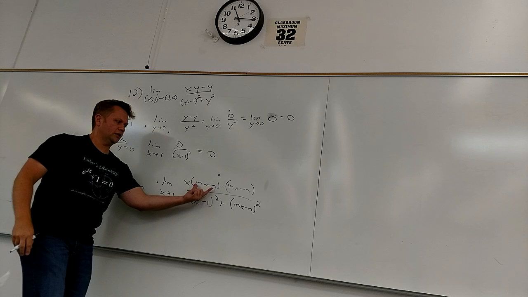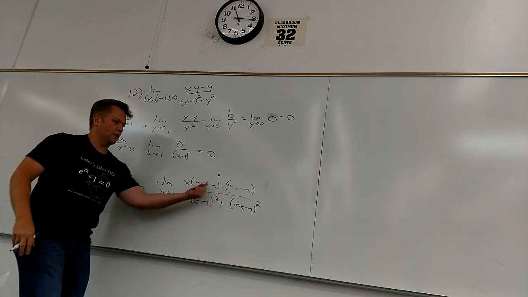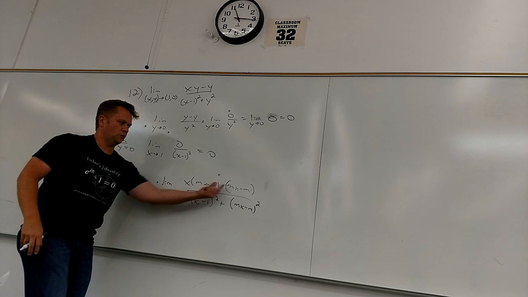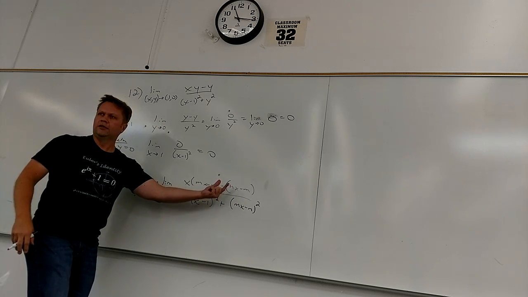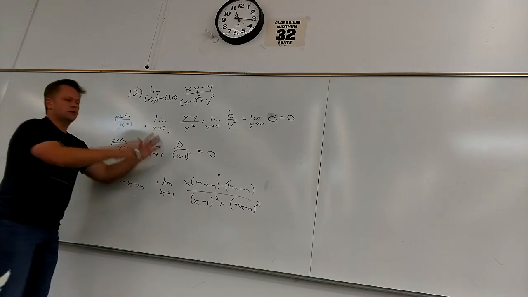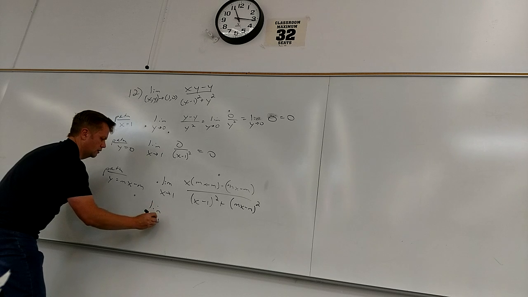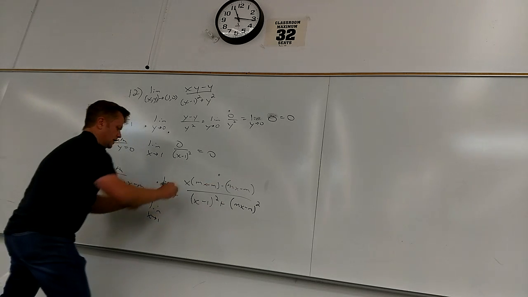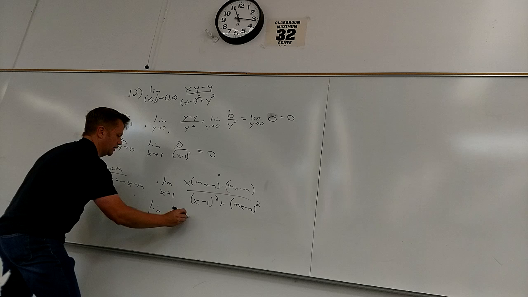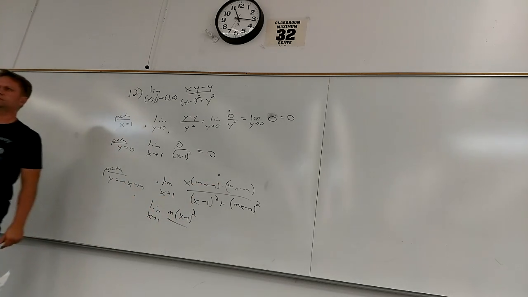I don't know if you guys realize there's a couple little things. If you took an m out of these two, that's x minus 1 inside, right? In fact, you got x minus 1. Now it's just going to take some algebra. So I can take an mx minus m out, and then I can take an m out of that. So I get x minus 1, x minus 1. Bam, that's the top.